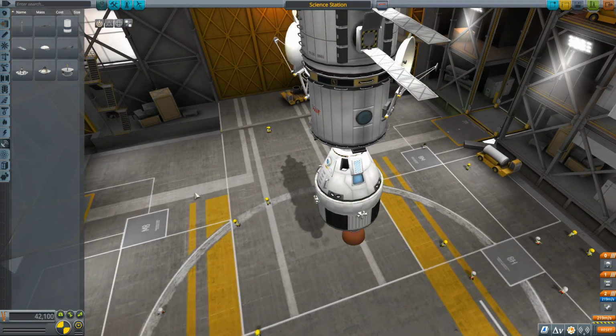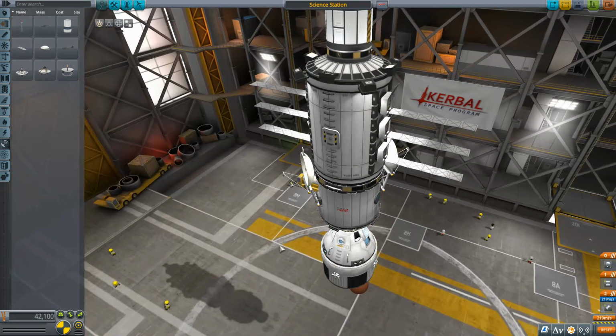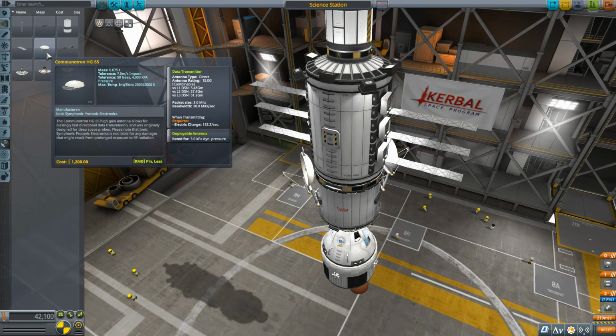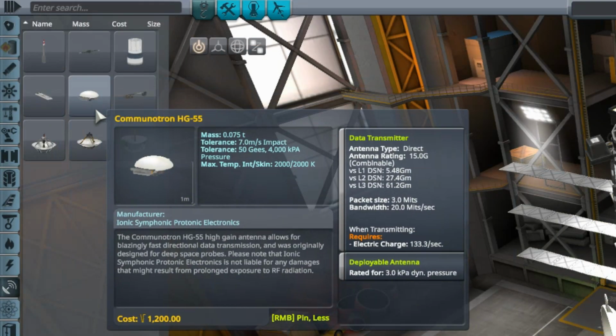So now let's do the same thing I did before and figure out how much electricity I need in order to transmit, again, an arbitrary 250 units of science. If we take a look at the communitron HG-55 and take a look over here at its bandwidth, we can see that it takes 20 MITs, or 20 science points per second.